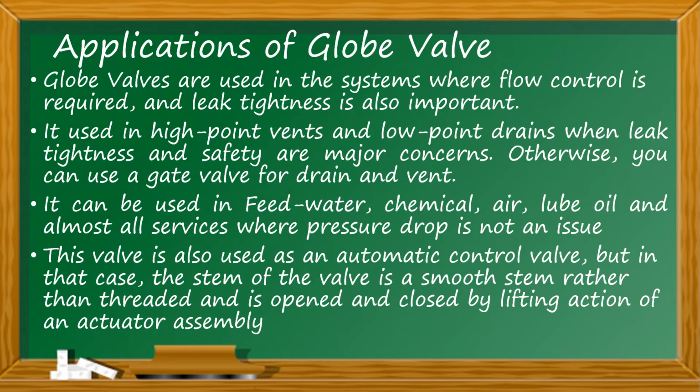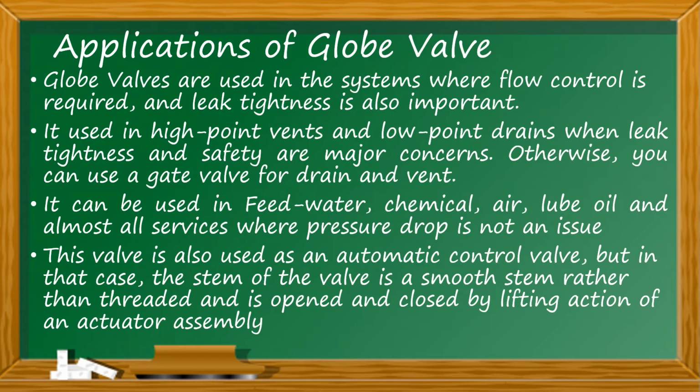The globe valve has vast applications. In vent and drain systems, the globe valve is very useful if we need safety and tightness. Otherwise, we can use a gate valve. Secondly, the globe valve is also useful in systems where flow control is required.